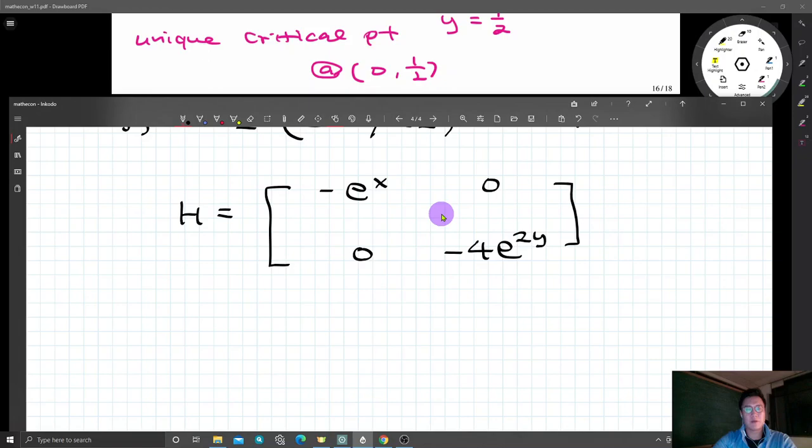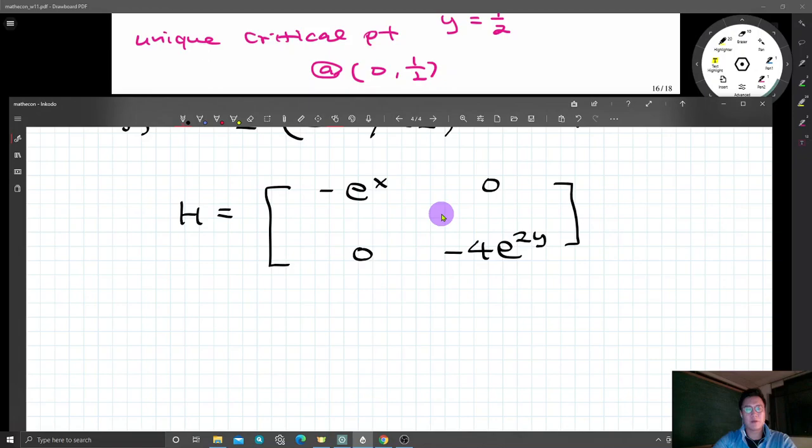So the first leading principal minor is negative 1, that is negative. Second, negative 1 times negative 4e, and we have 0 off diagonal, so 4 times e is the second principal minor. That is positive.